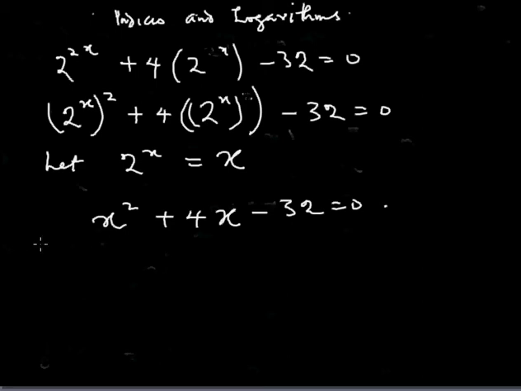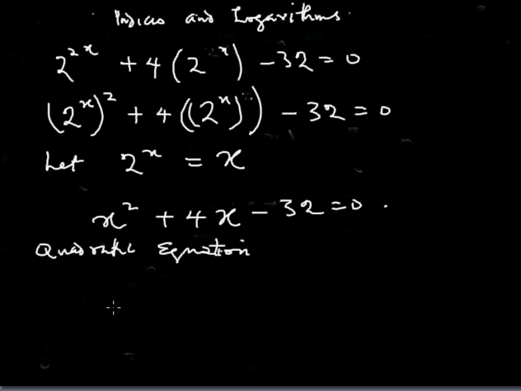Then this has turned out to be a quadratic equation. And what we need to do is to solve this quadratic equation. What can we add together or subtract together that will give us 4 and multiply that will give us 32?